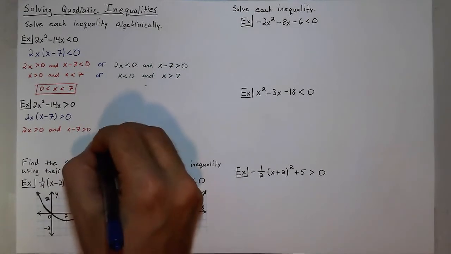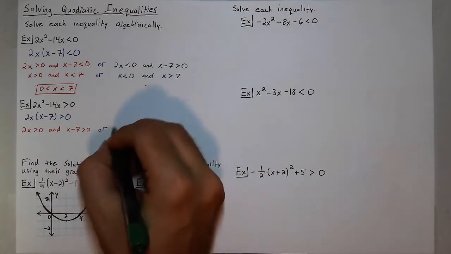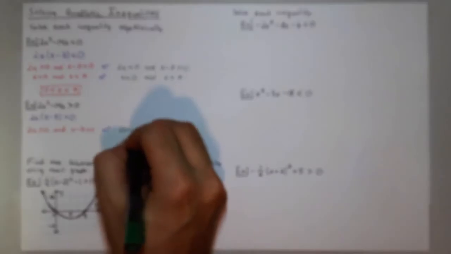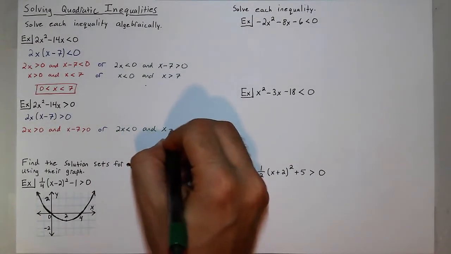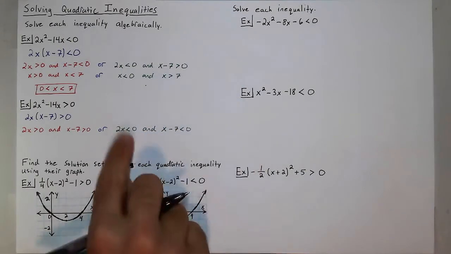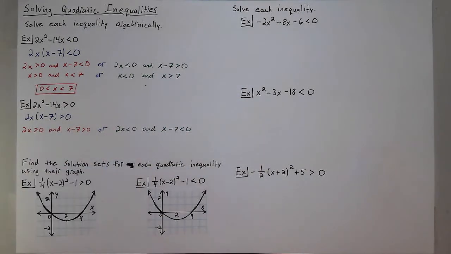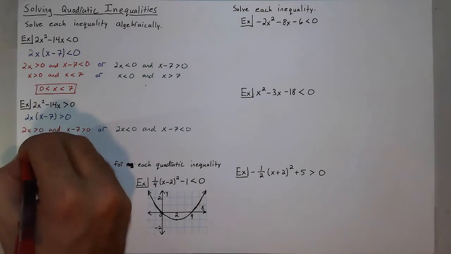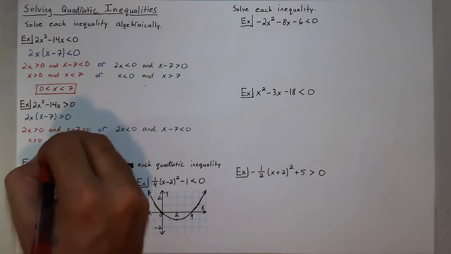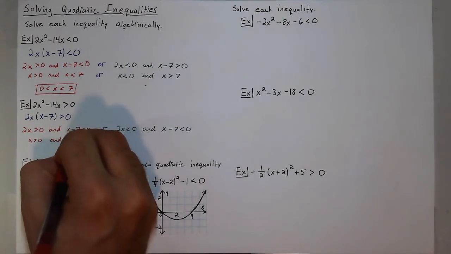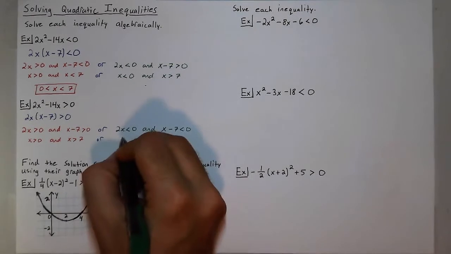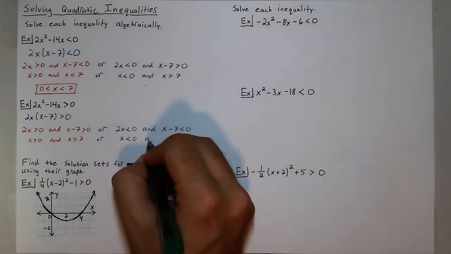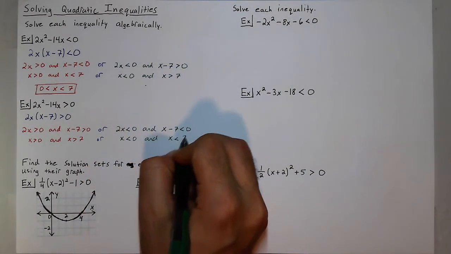Or 2x is less than 0, meaning negative, and x minus 7 is less than 0, which means that factor is also negative, because a negative times a negative would be a positive number as well. So we'll solve both of these, giving me x is greater than 0 and x is greater than 7, or x is less than 0 and x is less than 7.